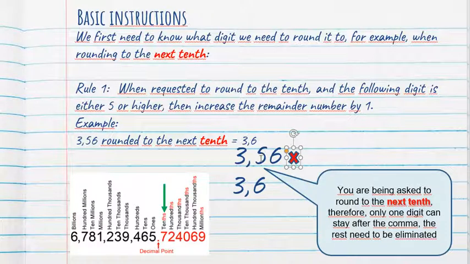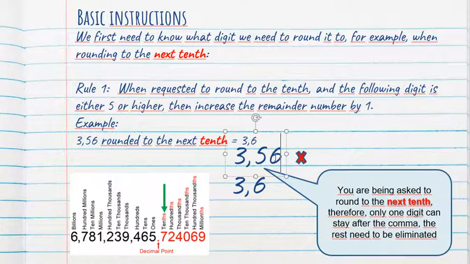But the following digit, the one you have to erase, is 5 or higher, like in this case it's the 6, then you have to increase the previous number by 1. So you delete the number 6 and the number 5 becomes 6.